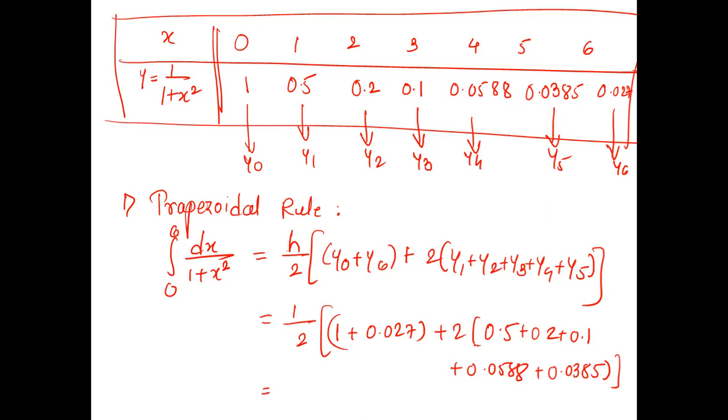Write 2 in bracket 0.5 plus and so on, plus 1.027 by 2. Got the answer? Please tell me if you are done.